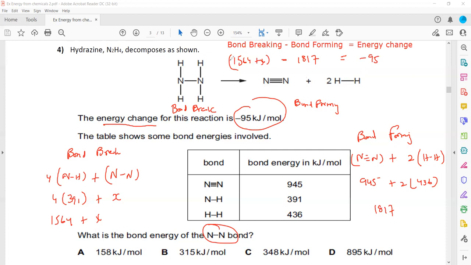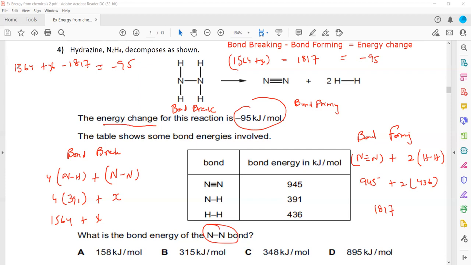Now we solve this equation like you used to solve in mathematics. I will write it on the left hand side because of space. So 1564 plus X minus 1817 is equal to minus 95. That is our equation.